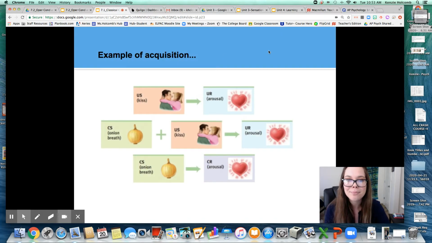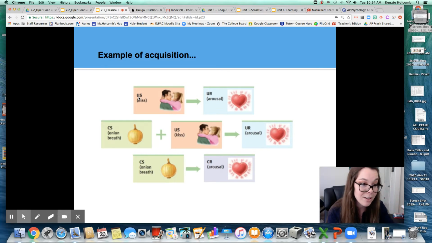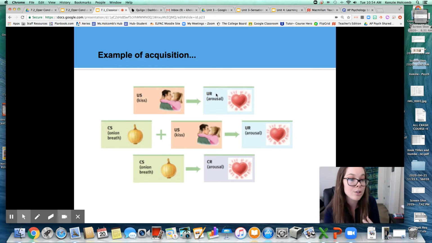All right. And this was in your book. So an example of acquisition, right? It's kind of silly. So you give your partner a kiss. So your unconditioned stimulus is, innately, biologically, kissing is a sign of affection, right? So the kiss is natural. They're not being conditioned. And then the unconditioned response is arousal, right? So this is all biologically happening in your body naturally.